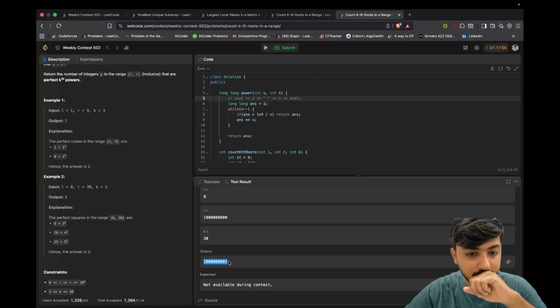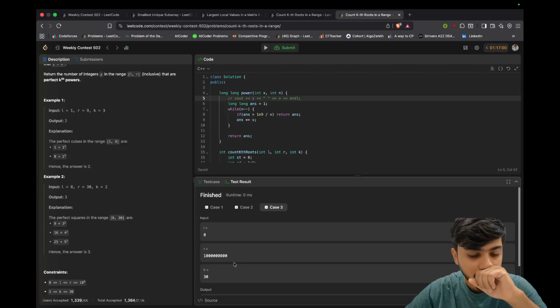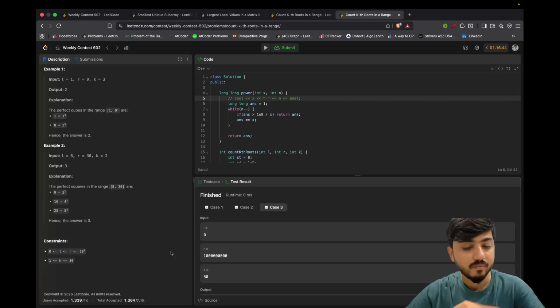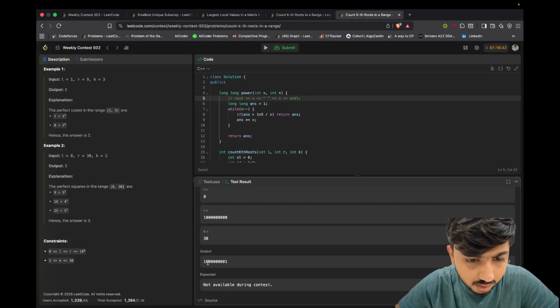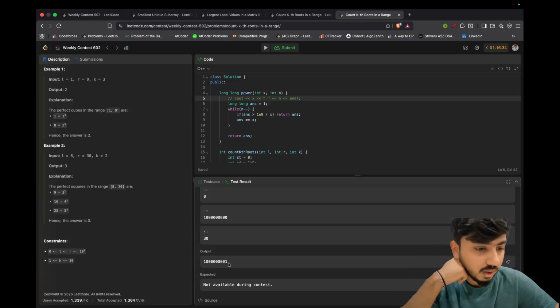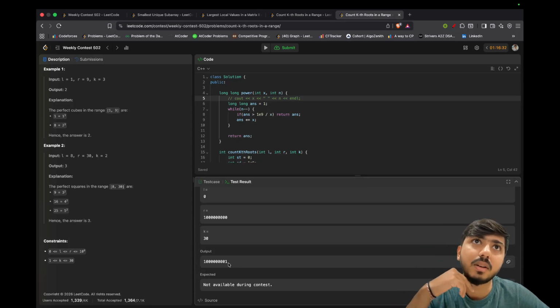We got our answer, right? Wait. Is this correct? 0 is there, 1 to the power 30. 1 is there, 2 to the power 30.